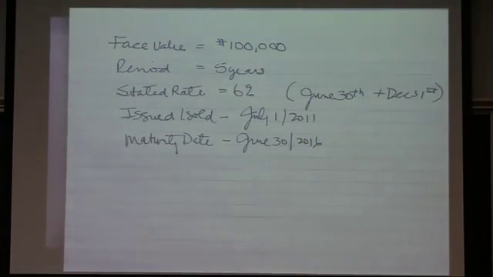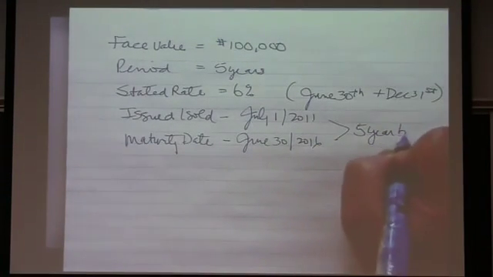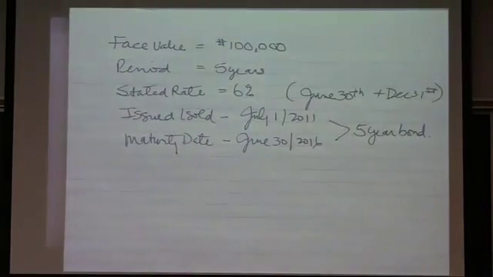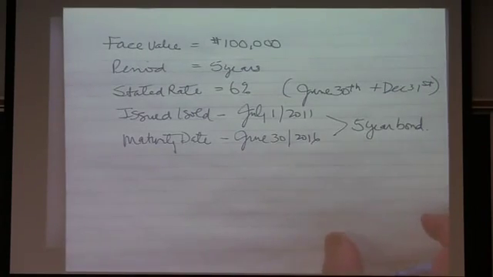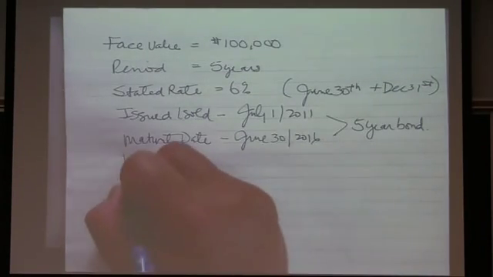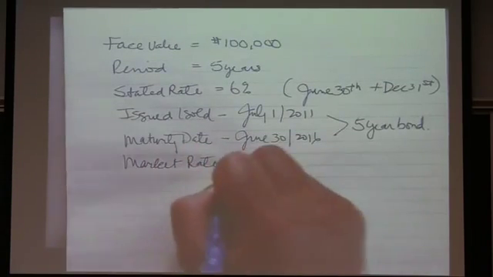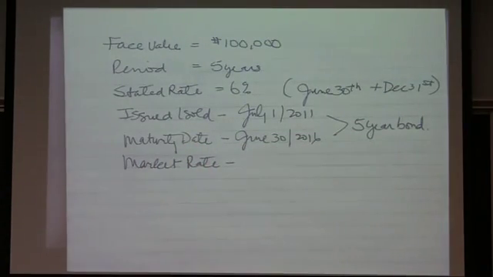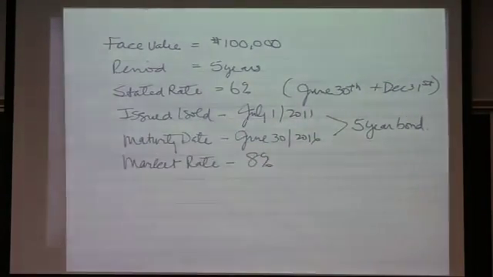That means that this is a 5-year bond. Now, another important piece of information to note when calculating bonds is the market rate. And the market rate happens to be not equal to the stated rate, and it's 8%.